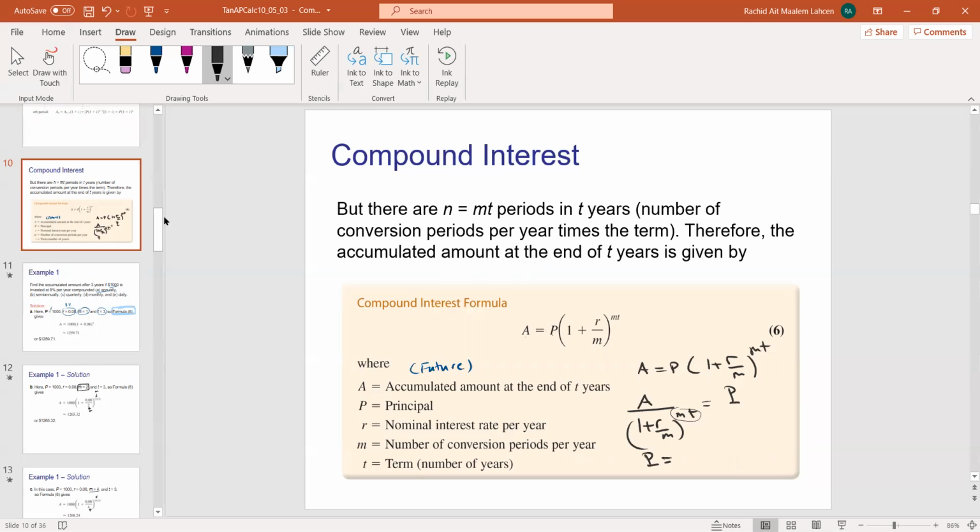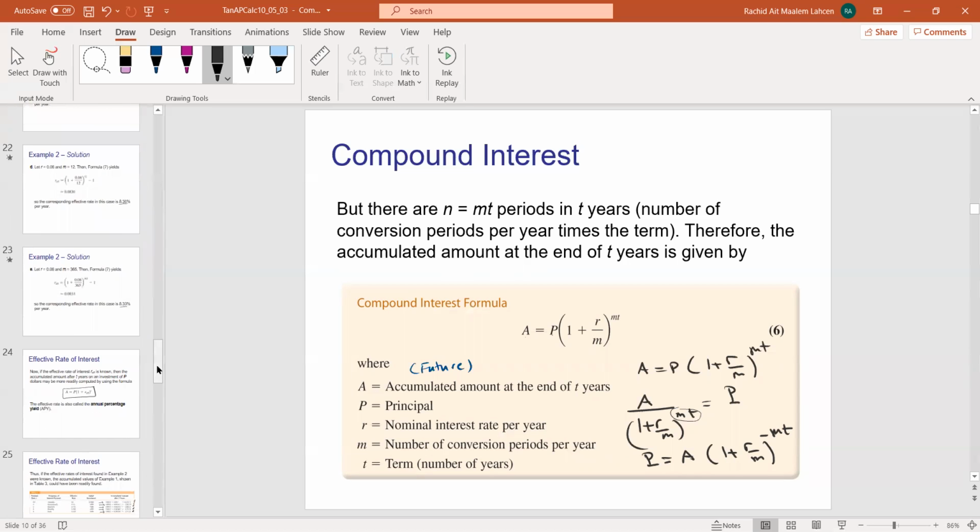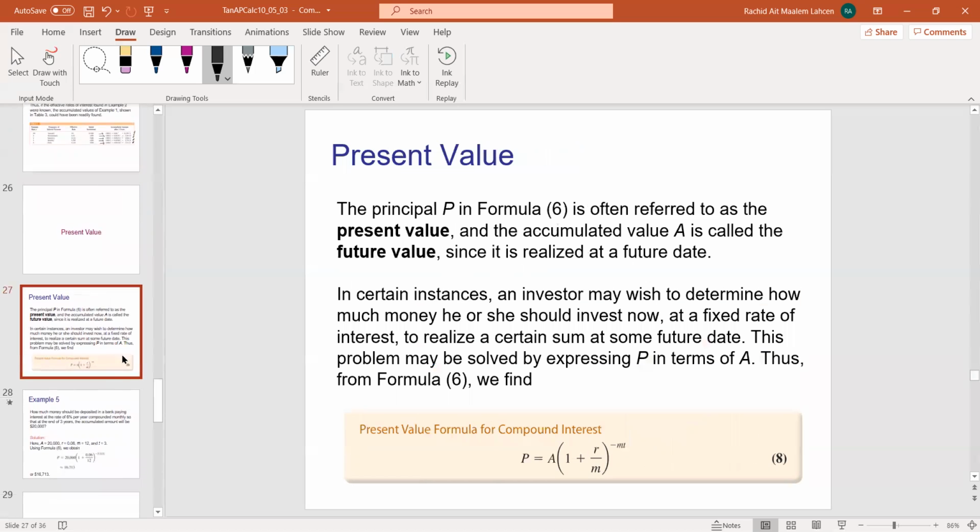So the P is A times (1 plus R over M) to the minus MT. So this is the same formula, now used if you want to find the present value. If you know the future value, or you want a good prediction of the future value based on a certain present value, then you use this formula.